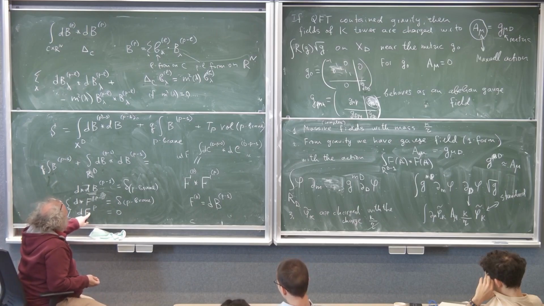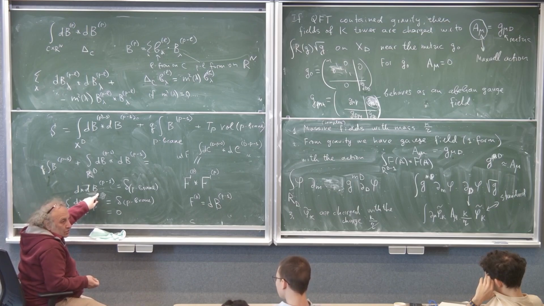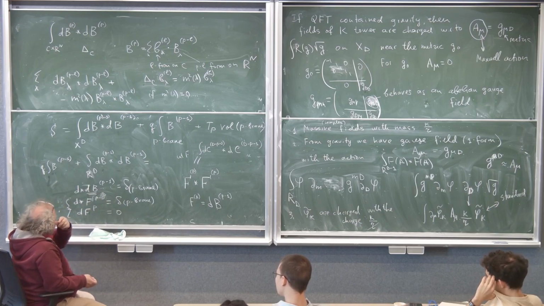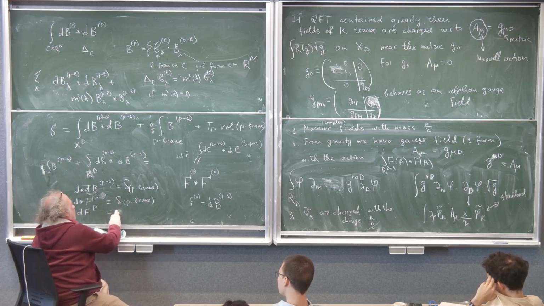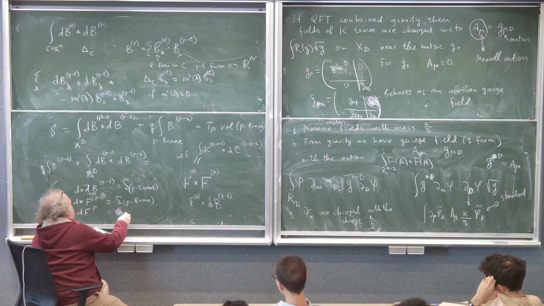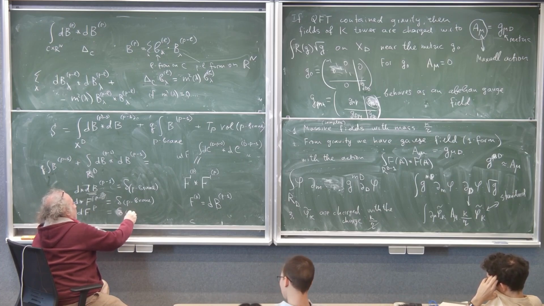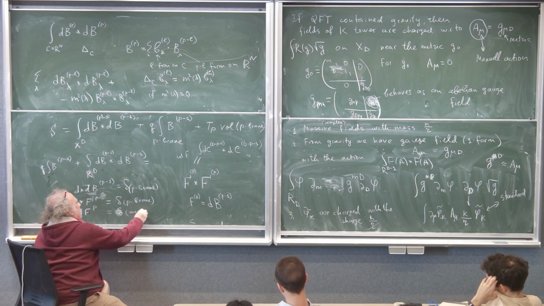So Dirac, many years ago, like 100 years ago, proposed to put here a delta function on a magnetic brane.